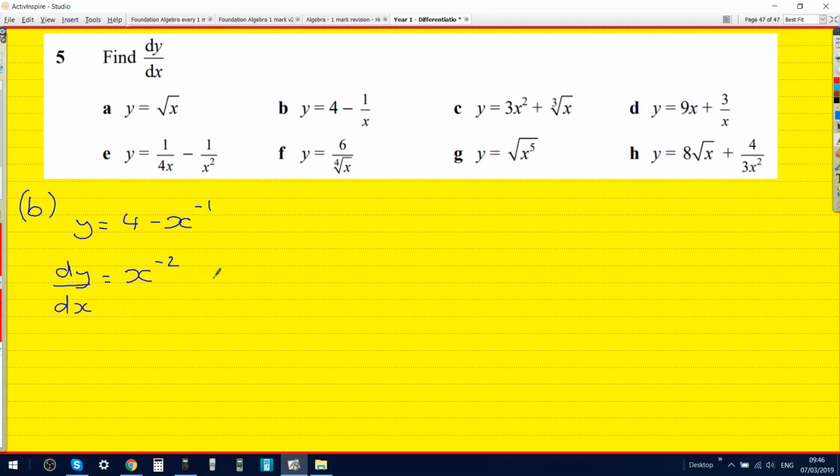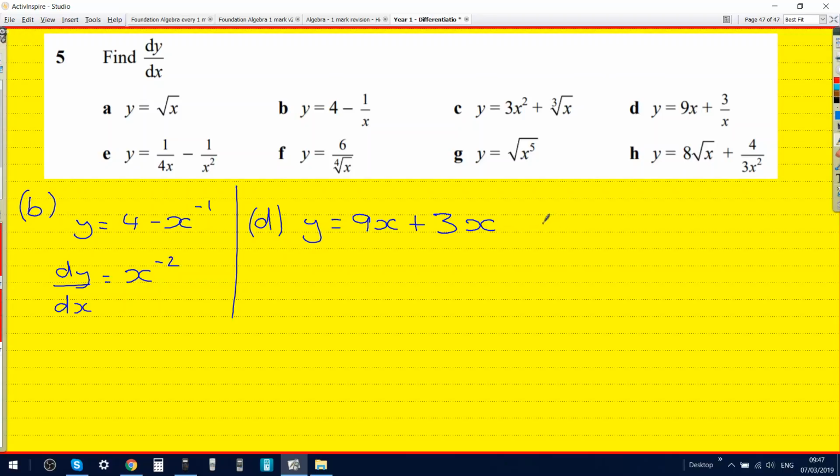So D. Is that written as x to the minus 3? Start with. No. So 3 is already on top.